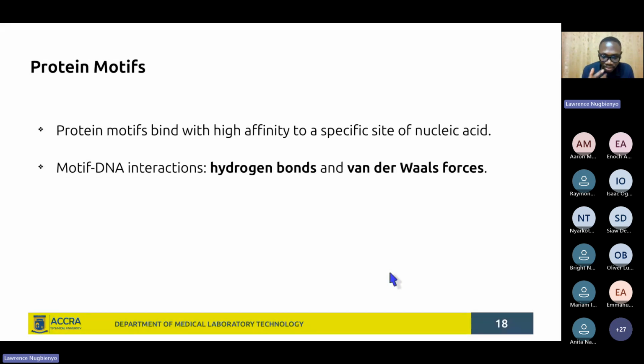Now, you see, when you talk about enzymes, which are proteins, enzymes act on substrates. They act on some specific compounds, to increase the rate of their reaction.